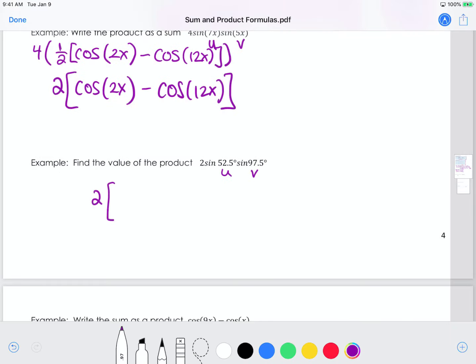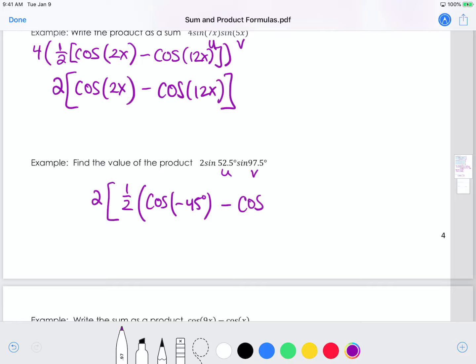So I have 2, and then I'm rewriting sine 52.5 times sine of 97.5 as 1/2 cosine of u minus v. U minus v would be negative 45 degrees. And then minus cosine u plus v.